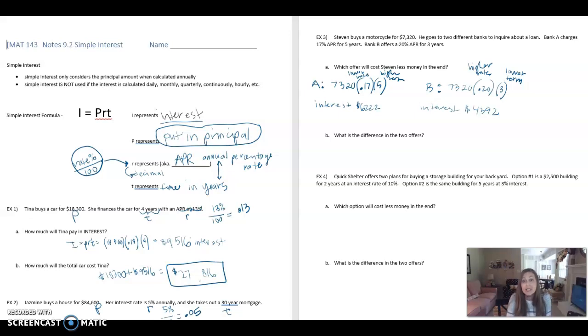Okay, so Stephen ends up actually being better off with Bank B. This saves him money. Bank B saves Stephen money. And that surprised me because it was a higher interest rate. But again, the term was lower. That's a very important life skill here. Example 3, please, please, as long as you live, remember example 3 in my simple interest lab.